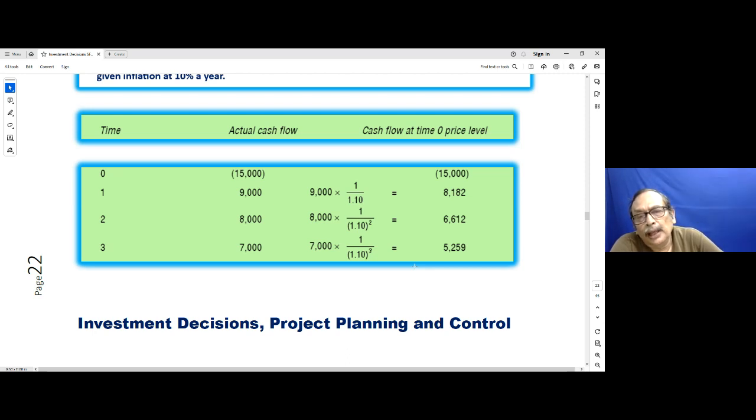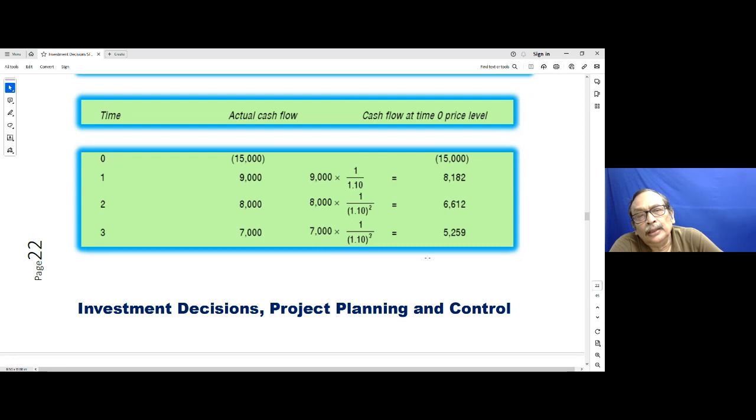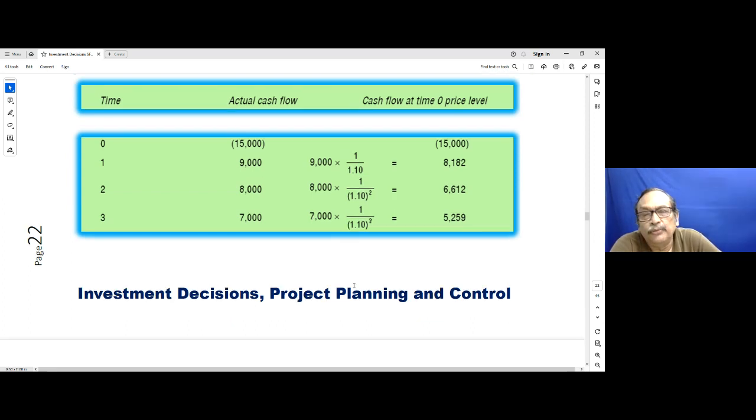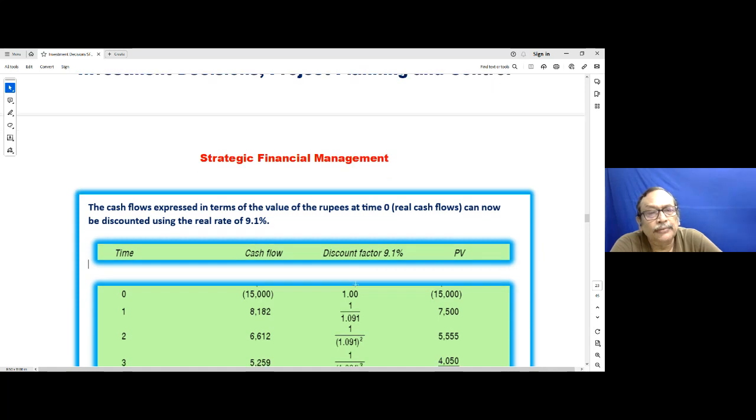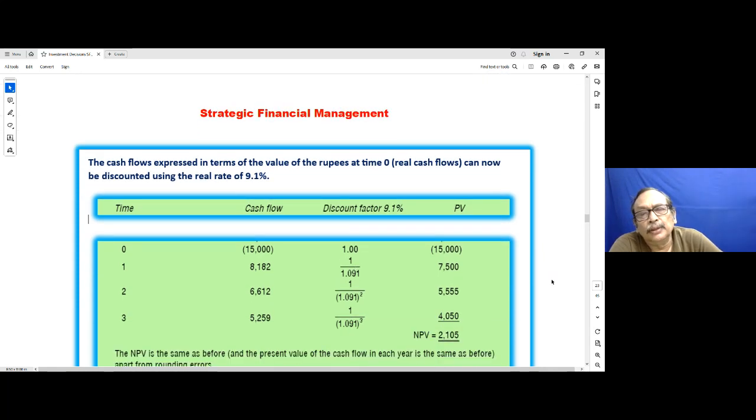Number 2, 8,000 into 1 by 1.10 square comes to 6,612. And cash inflow 7,000, that is 7,000 into 1 divided by 1.10 to the power cube, comes to 5,259.